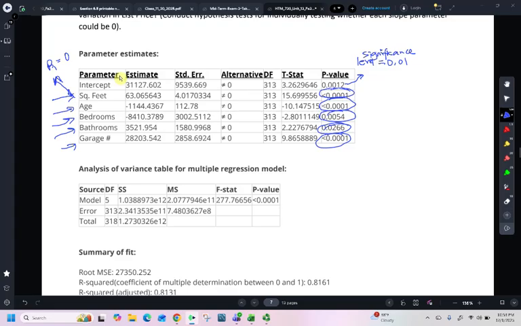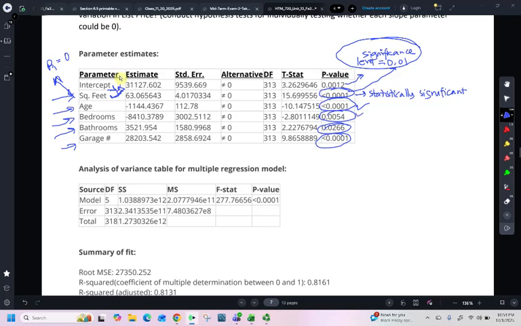And we're going to go in favor of the fact that it is statistically significant. That is because our p-value is lesser than the significance level, which means square feet seems to say yes, it is useful in explaining the dependent variable, which is list price.